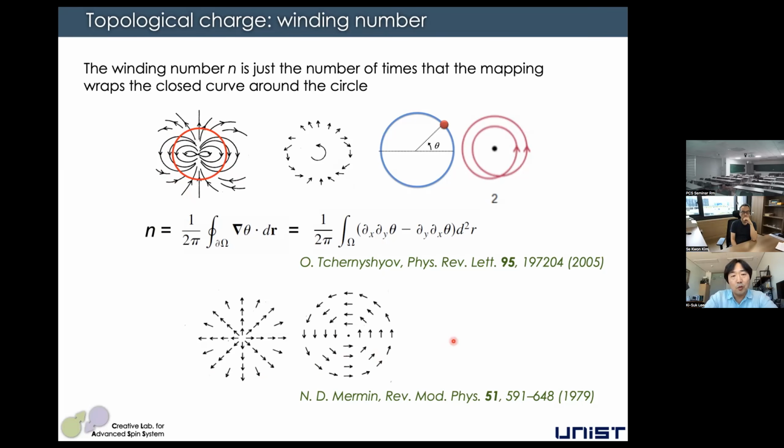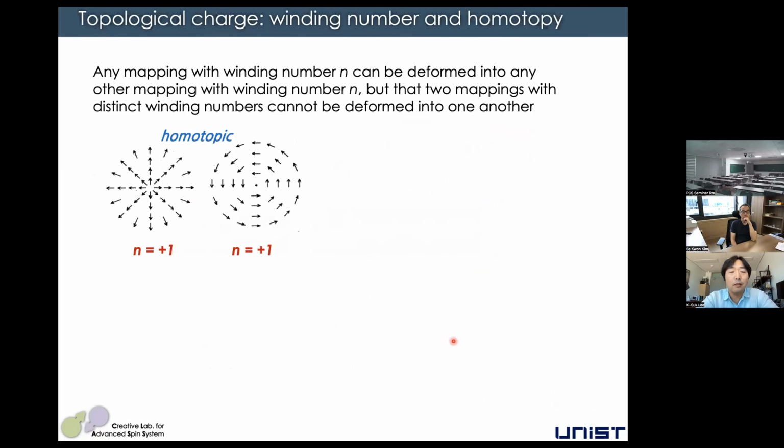And also here, let's think about the meaning of topological charge. Any mapping with a winding number n can be deformed into any other mapping with a winding number n. This is the powerful meaning of winding number, topological charge. But two mappings with distinct winding numbers cannot be deformed into one another.